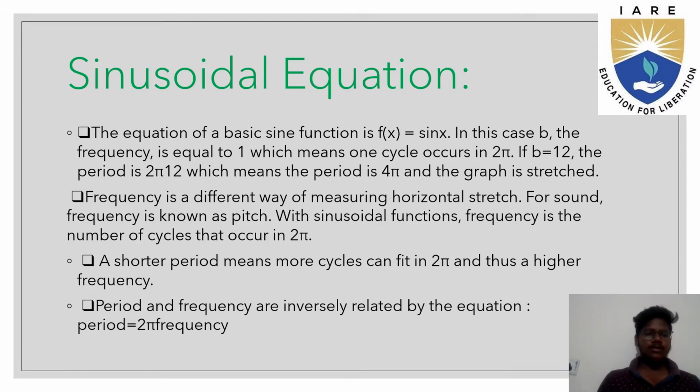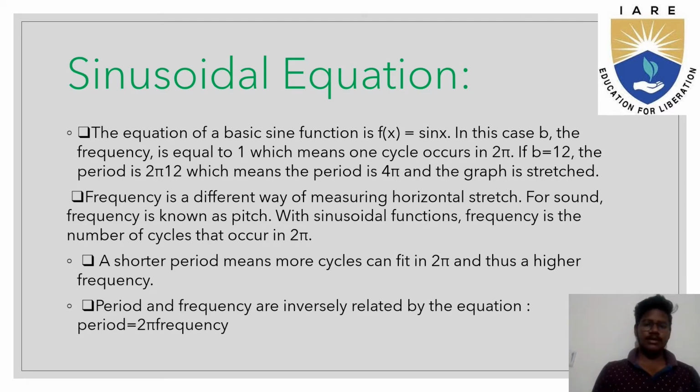And the second one is that frequency is a different way of measuring horizontal stretch. For sound, the frequency is known as pitch. With sinusoidal functions, frequency is the number of cycles that occur in 2 pi.